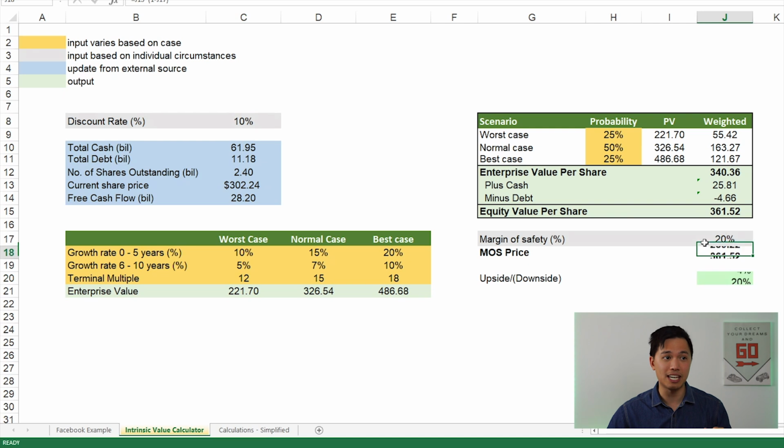But if you have a margin of safety of say roughly 20%, then that upside quickly disappears, and it's roughly trading at fair value. So this is what the calculator is telling me, and it also gives me confidence depending on the conviction that I have on the inputs into my model to give me an intrinsic value. So that is the intrinsic value calculator in a nutshell.